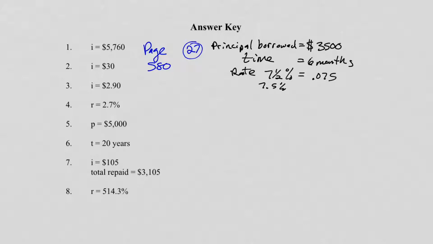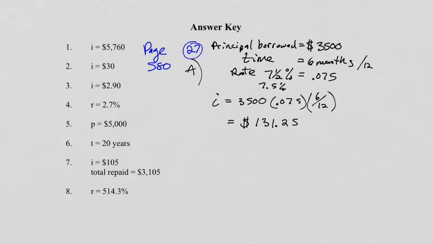Now we put this into our formula. We get I equals 3,500 times the rate, and remember, this is 6 months out of 12 months in a year, or half a year. Put that all into your calculator, and we get 131.25. This is how much she's being charged, or the cost of borrowing. The next question is, what's the total repayment?